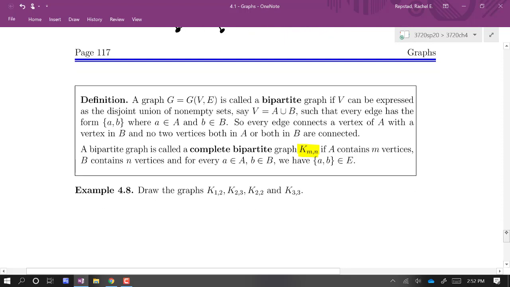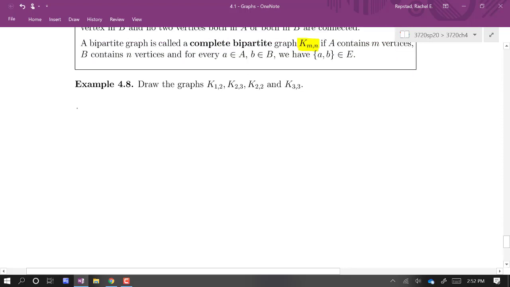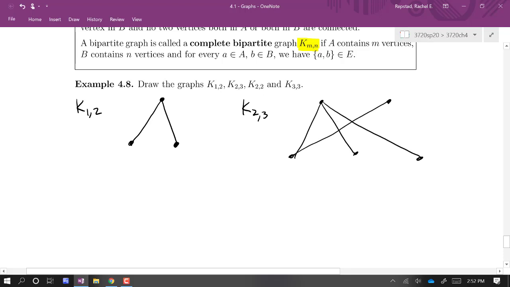So let's draw some of these complete bipartite graphs. K1,2. Well, one set has 1 vertex, the other set has 2 vertices, and I'm going to draw every possible edge that can go between the 2, and that's just these ones. K2,3. So one set has 2, the other set has 3. I'm going to draw all the edges that can be drawn between the 2 sets. And that's all we can do.